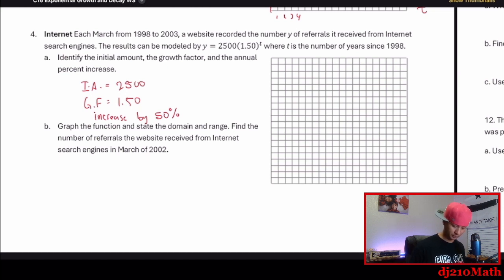Well, it's 4 years. So 2500 times 1.5 to the 4th power. So the number of referrals would be 12,656.25. You can't get partial, so we can round it up to 12,657.